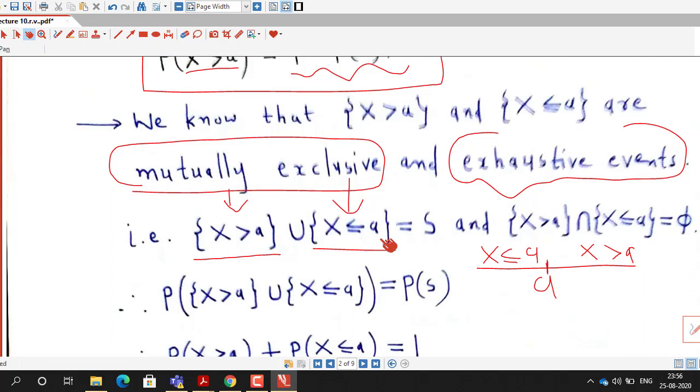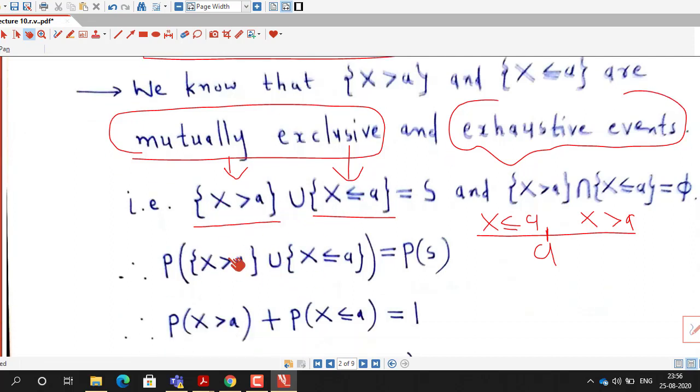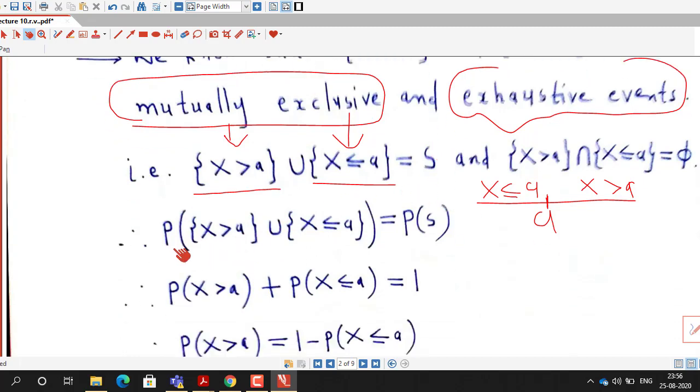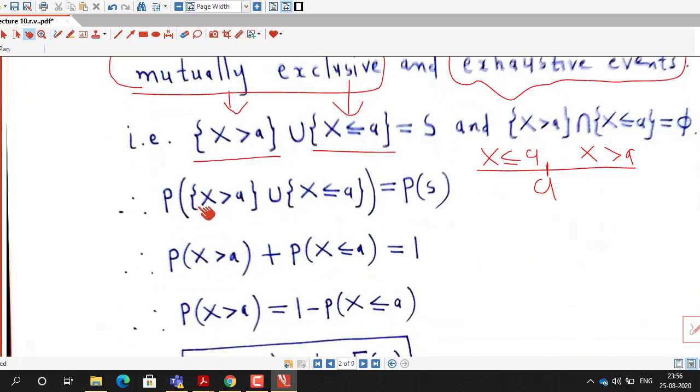Using this fact, the probability of the union of these two events is equal to the probability of the sample space, and because these two are mutually exclusive, the probability of their union is nothing but the sum of their probabilities. So the probability of the union equals the probability that X is greater than a plus the probability that X is less than or equal to a, and the probability of the sample space is always 1.